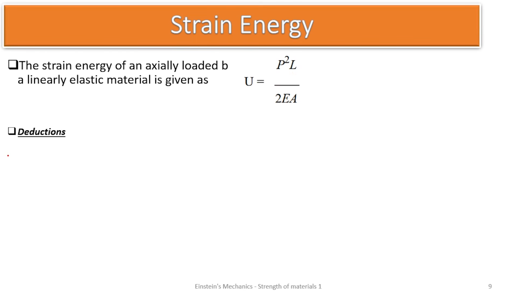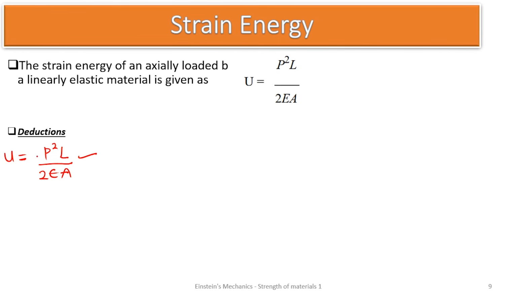So the strain energy, the energy caused as a result of strain inside the bar, is given as P square L on 2 times EA for bars.